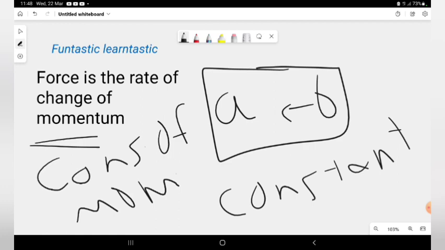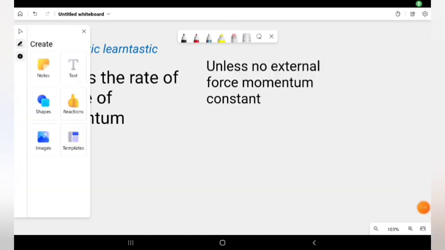So let us say that initially the two bodies, तो the momentum जो है वो हमेशा constant रहेगा. Unless and until external forces are acting, it is going to be constant. Unless there is no external force, the momentum is going to be constant.